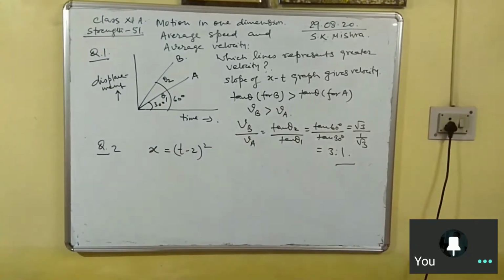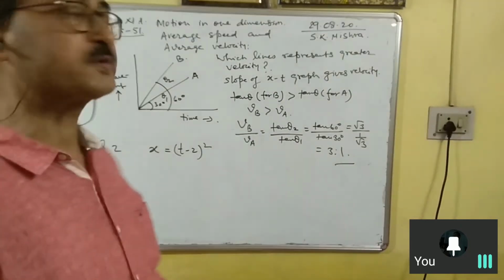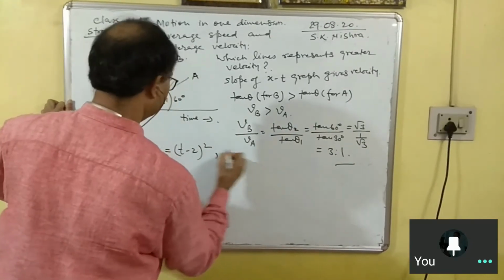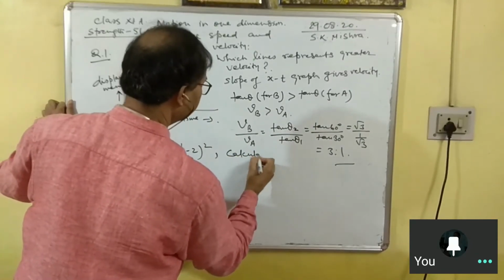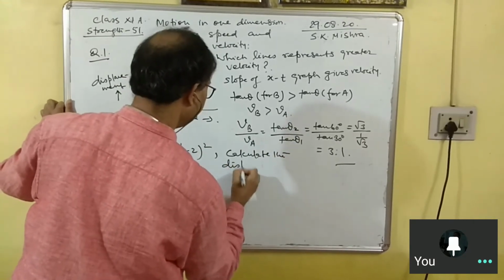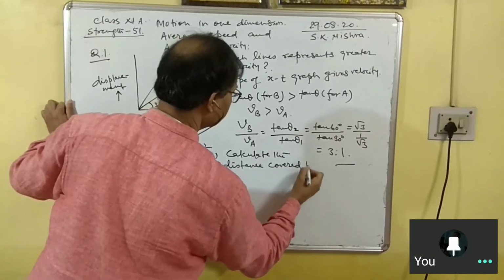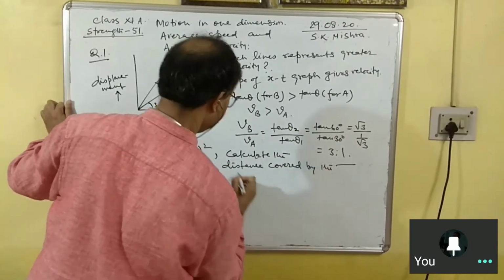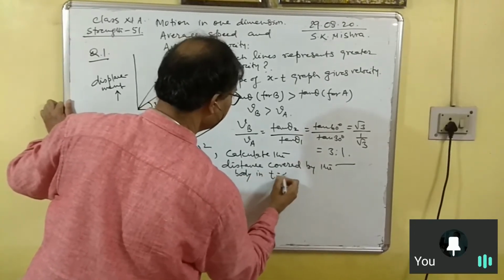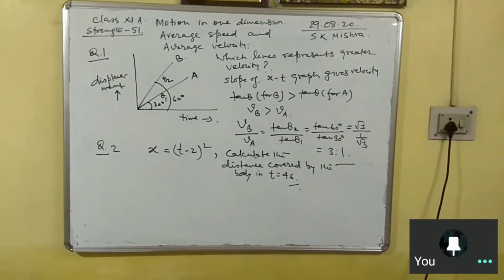Now calculate the distance covered by the body or object in t is equal to 4 seconds. This is the question. So how will you solve it?